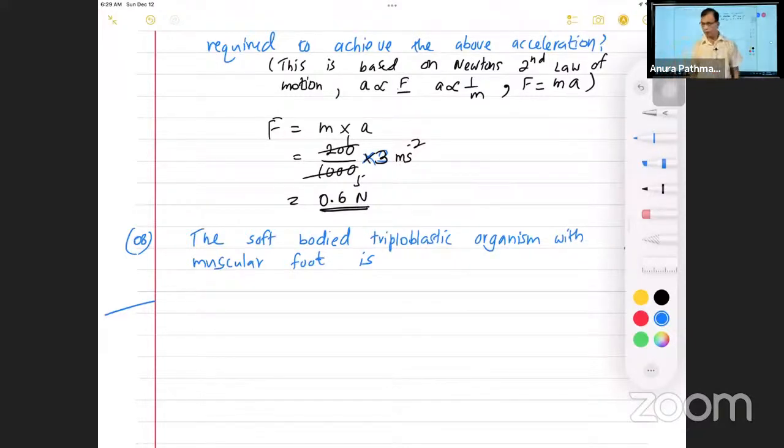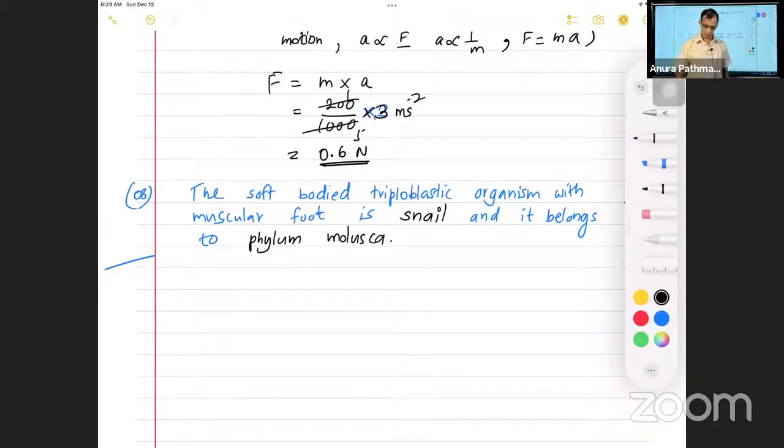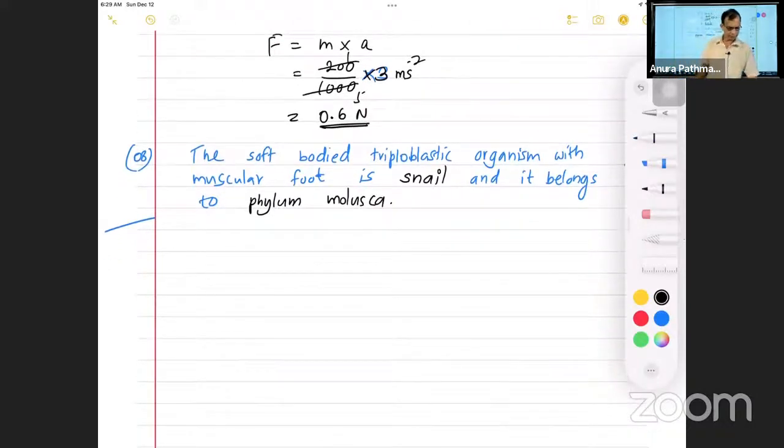Snail? A snail. And it belongs to Mollusca, mollusk phylum. Phylum Mollusca.